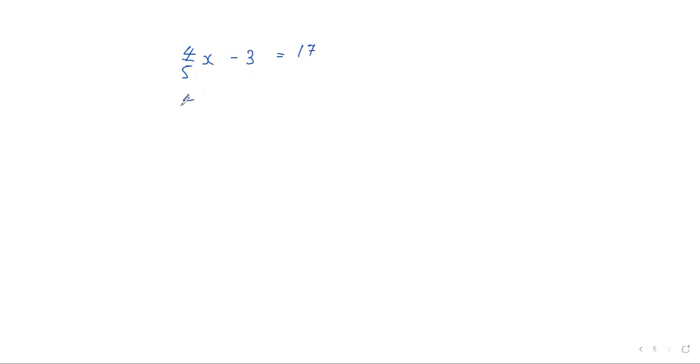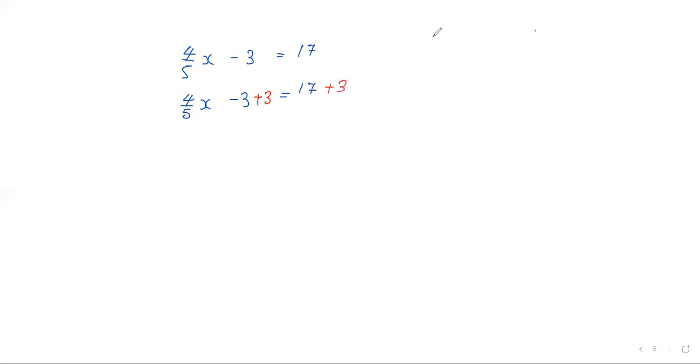So 4 over 5 x minus 3. To get rid of that minus 3, we add a 3 on the left, and then that will equal 17, but on the left of an equation, we have added a 3.